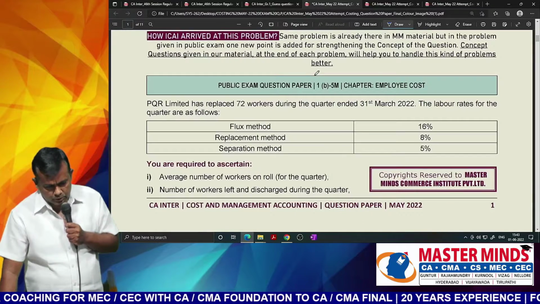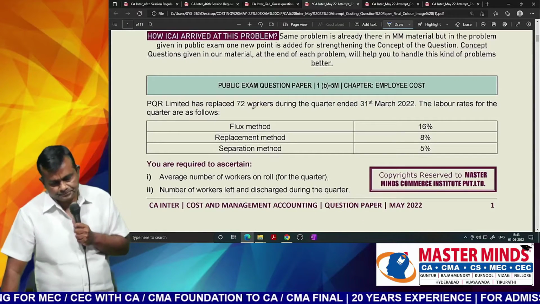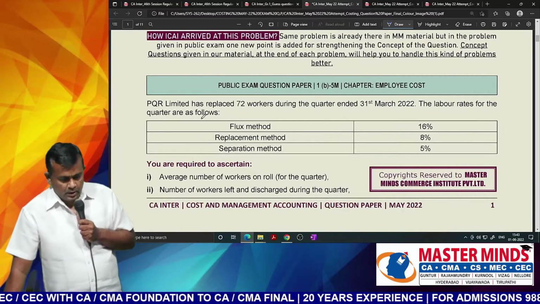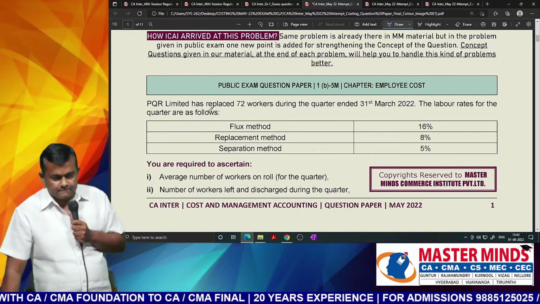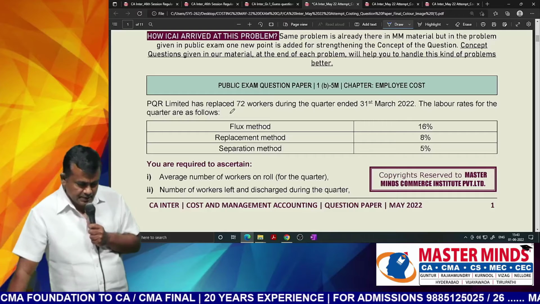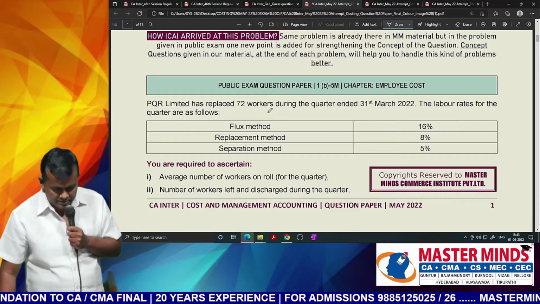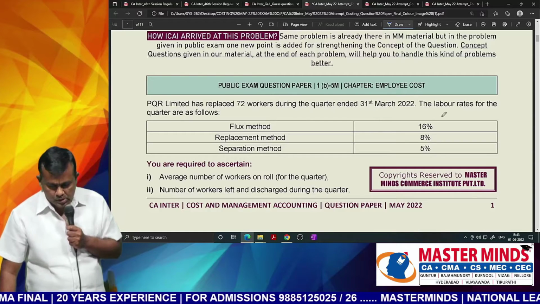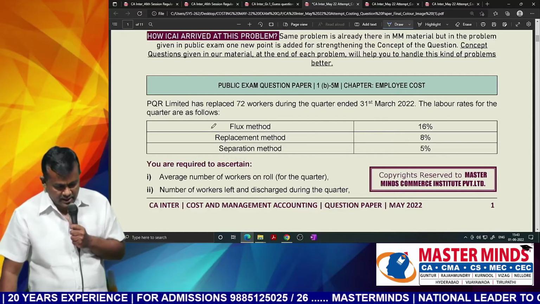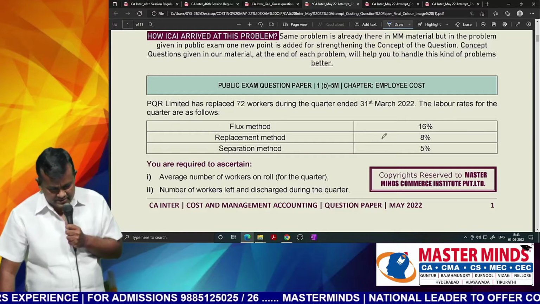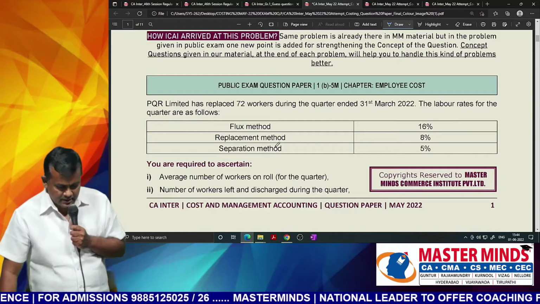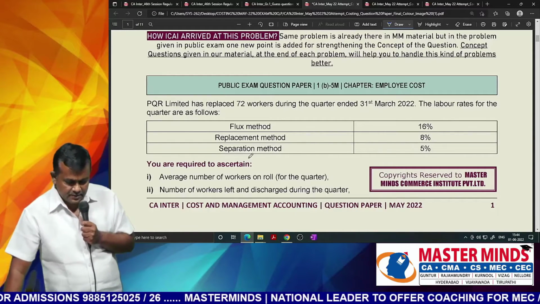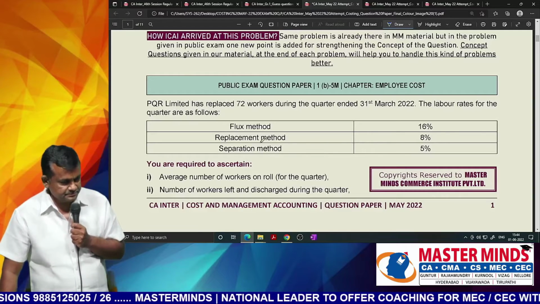Next, second. Question number 1B, sir. PQR Limited has replaced 72 workers during the quarter ended 31st March 2022. The labor rates for the quarter are as follows: flux method 16%, replacement method 8%, separation method 5%.